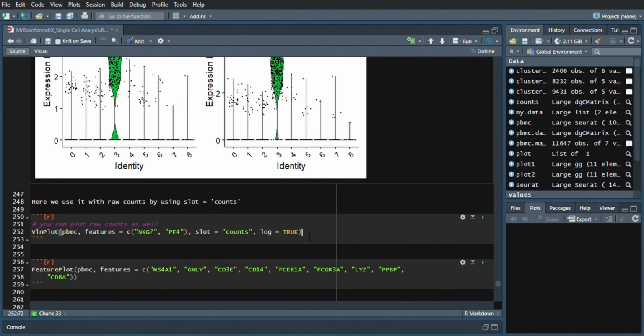Setting slot equals counts plots the gene's expression directly from the raw counts rather than normalized data, and log equals TRUE will apply a log transformation to the counts. This approach allows us to view the absolute gene expression levels and compare them across clusters, while handling the wide range of expression values more effectively. Let's run our code.